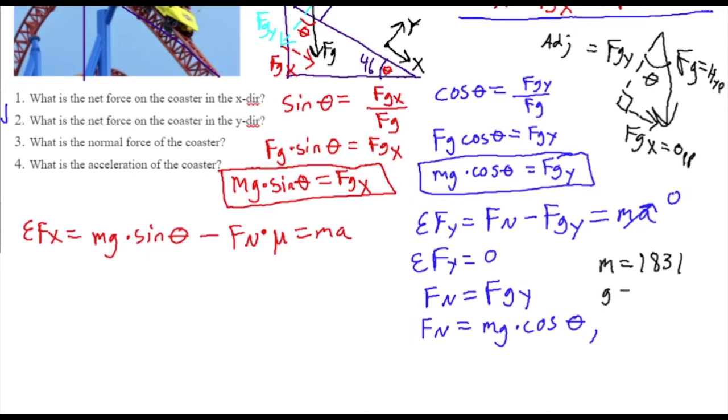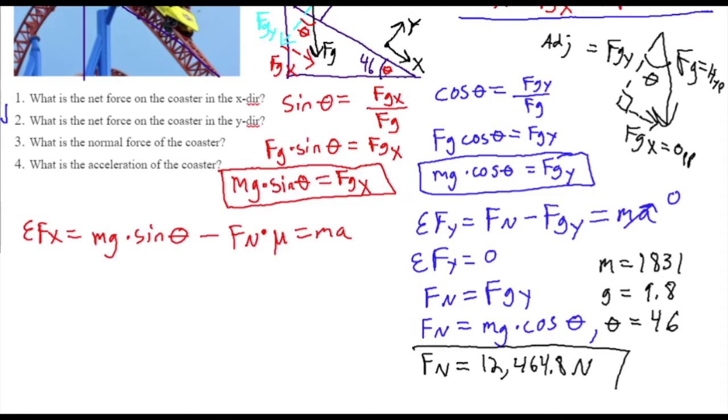We know what gravity is because we're on Earth, 9.8, and we know what theta is because that was also given to us in our problem, and that's 46. We can go ahead and solve really quickly for force normal. We find out that force normal is equal to 12,464.8 newtons. It's really important to note that the angle was given to us in degrees. So we need to make sure that our calculator is in degrees.